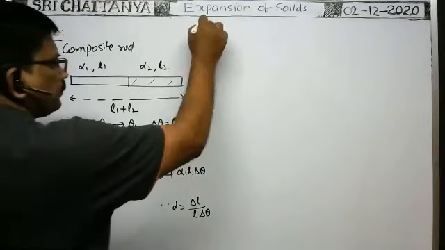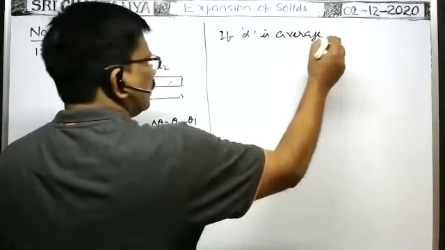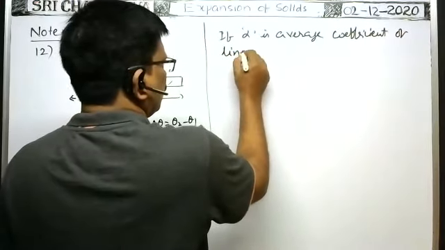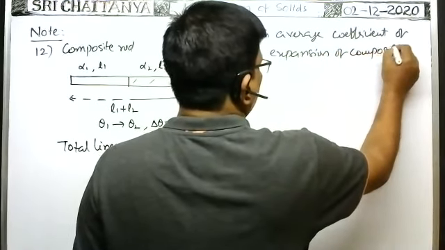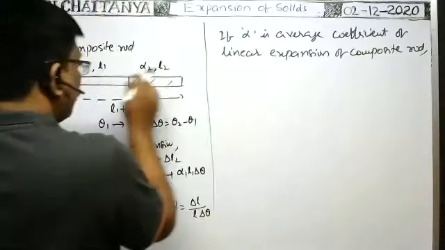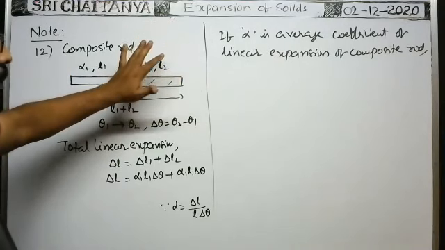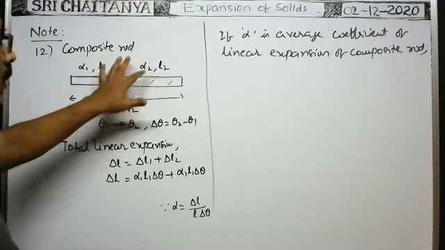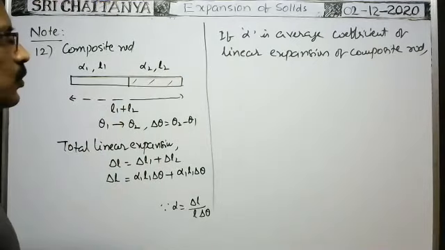If alpha is the average coefficient of linear expansion of the composite rod, it means that it is the coefficient of linear expansion of a single rod of length L1 plus L2, same as the composite rod, to have the same linear expansion as that of the composite rod for the same rise of temperature. That alpha is called the average coefficient of linear expansion.